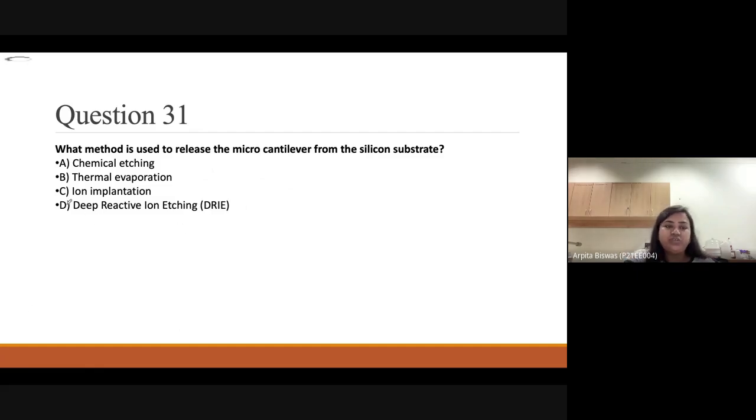The right answer is option D, the deep reactive ion etching, DRIE.